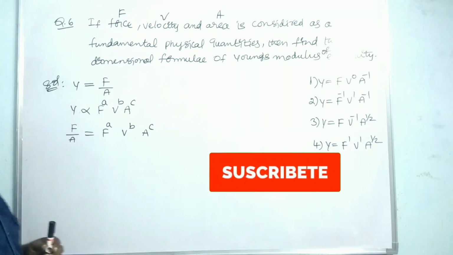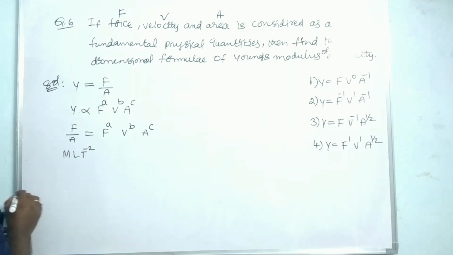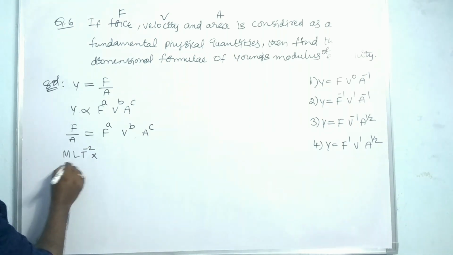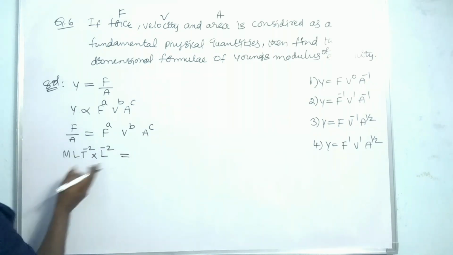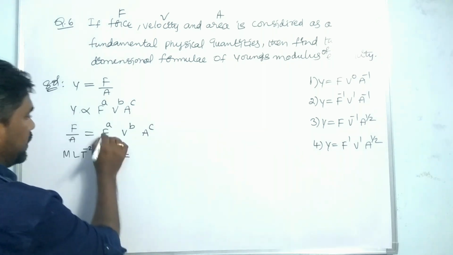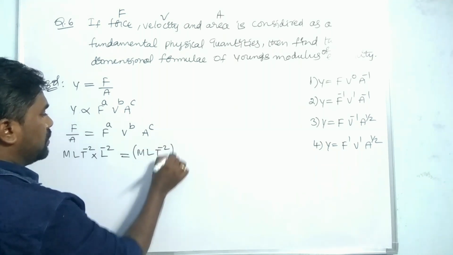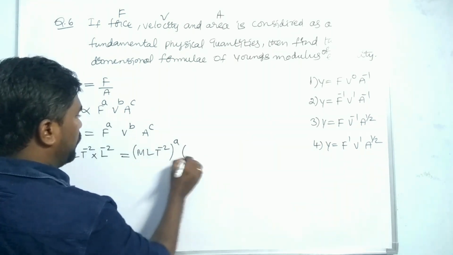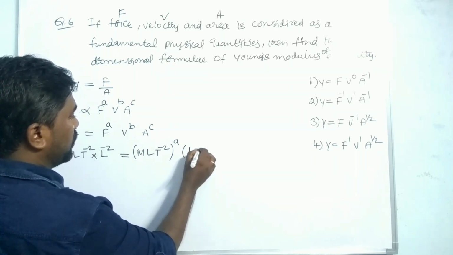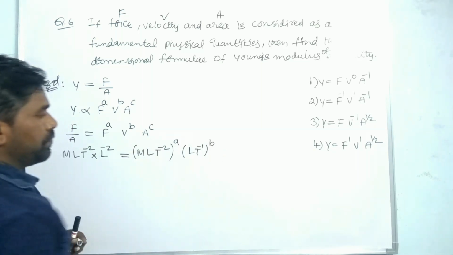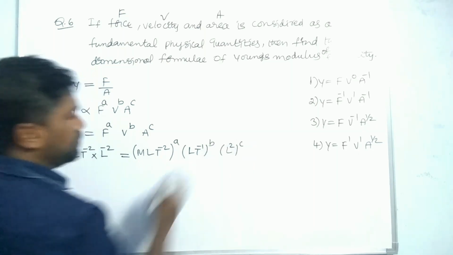So here you have to write the dimensional formula. Force is equal to M L T minus 2, and area is equal to length into breadth, it is L square, it is L minus 2 when we write in the upper part. And here force is M L T minus 2 power a, velocity L T minus 1 power b, and area L 2 power c.